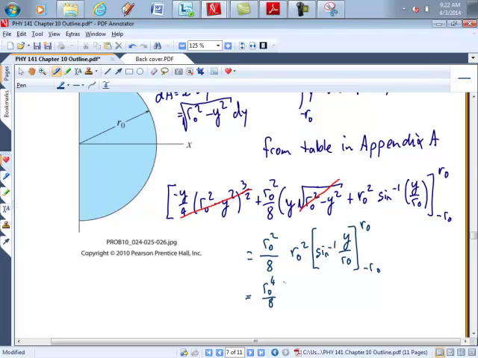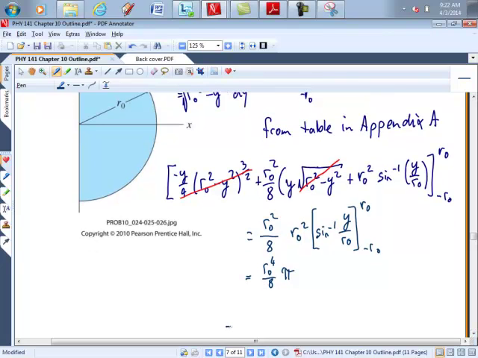No, it's pi over 2 minus negative pi over 2. Okay, so that's our Ix. I can also write that more simply, pi RO to the 4 over 8.